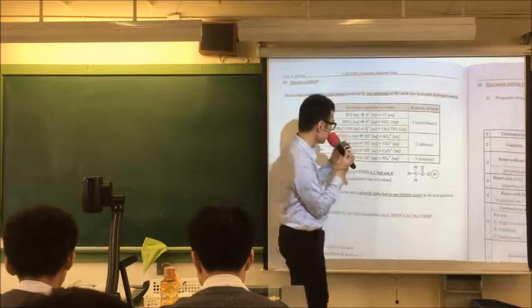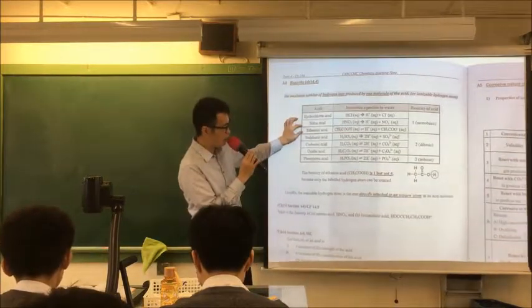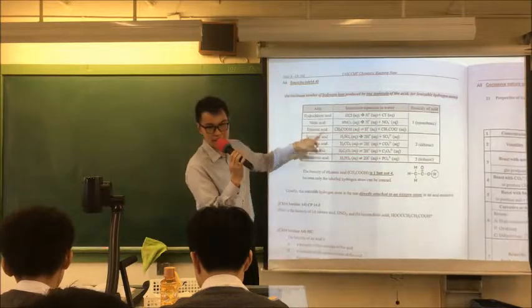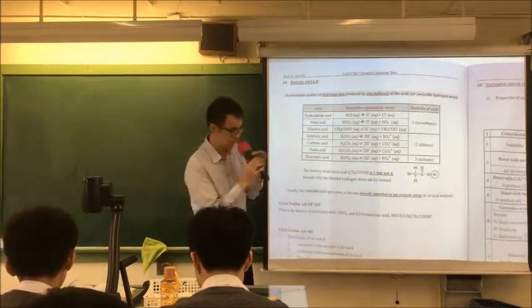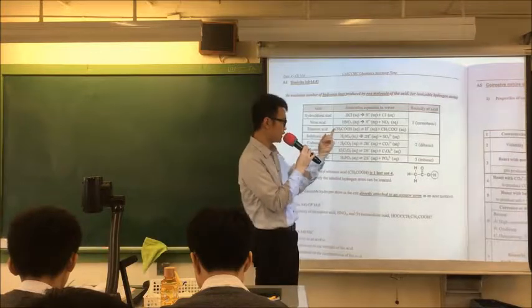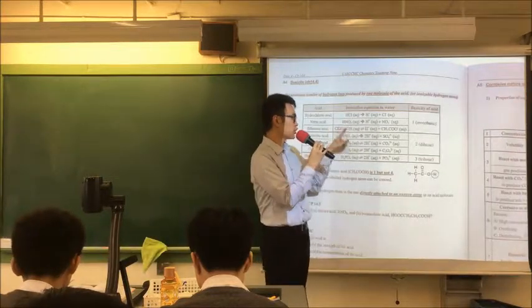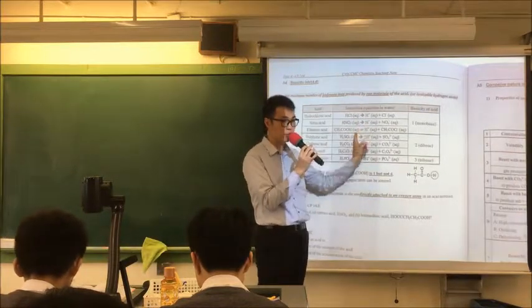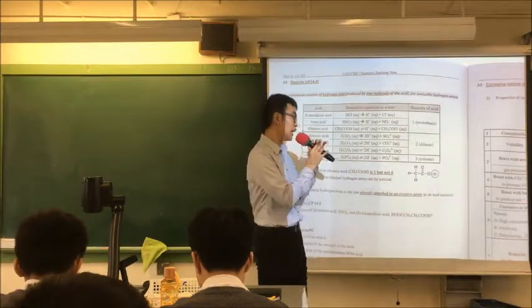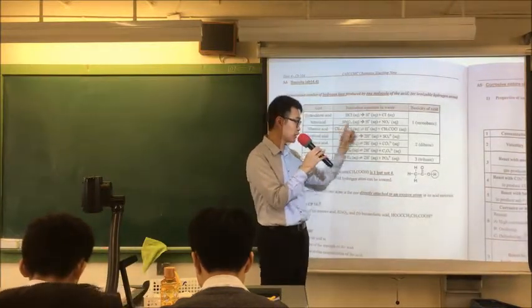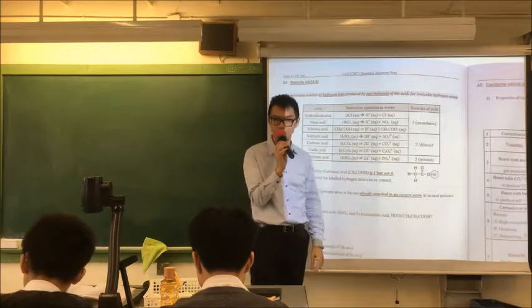Monobasic acid, okay? And another monobasic acid, ethanoic acid, CH3COOH. So when it dissolves in water, it will also produce 1 mole of H+. And can you identify the difference between these 3 acids?